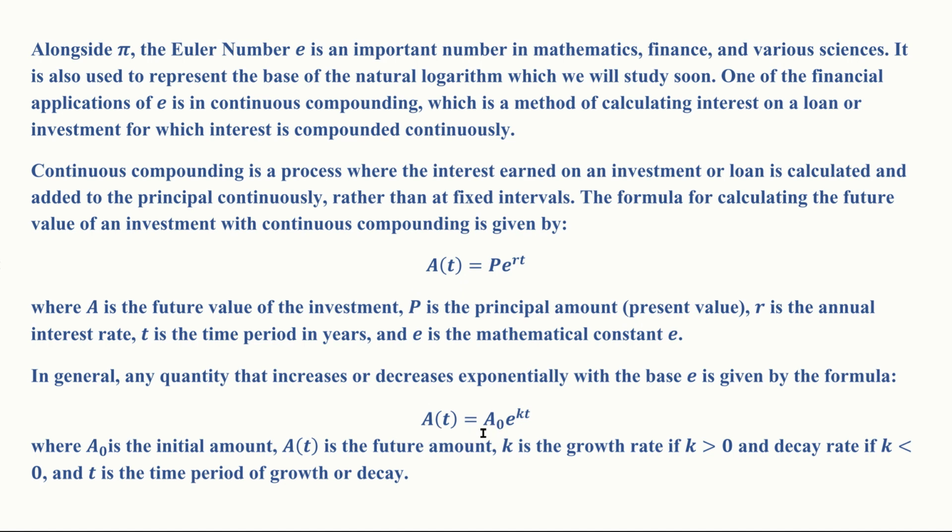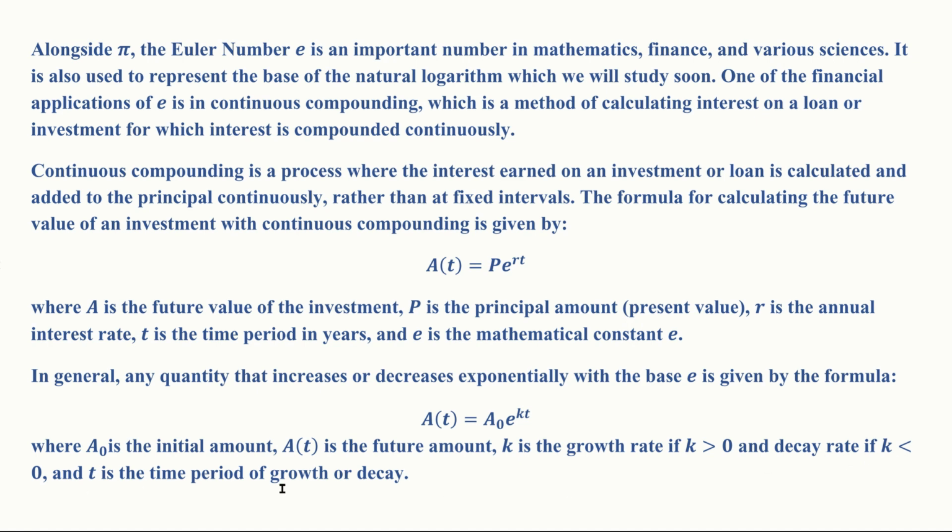A0 is the initial amount of whatever substance we're studying. e is the Euler number. k is what's called either the growth constant or the decay constant, or also the growth rate or the decay rate, depending on whether it's greater than zero. If it is, it becomes the growth rate, and if it's less than zero, it becomes the decay rate or the decay constant.